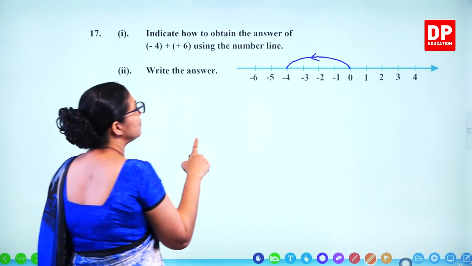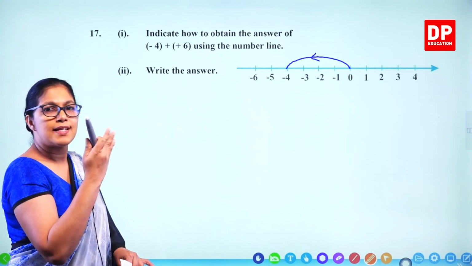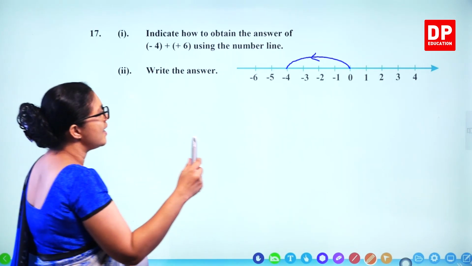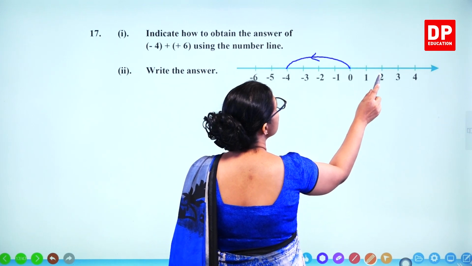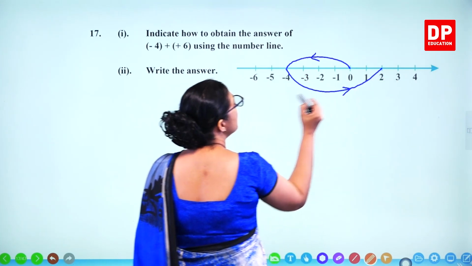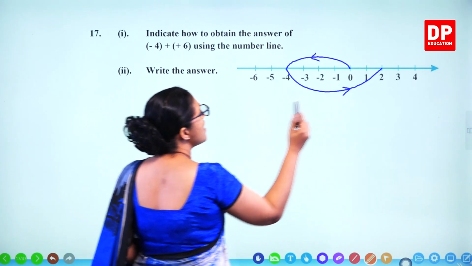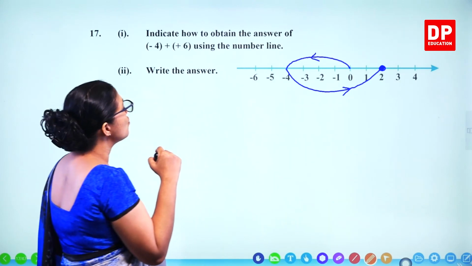That's -4. Then -4 plus 6. Plus means towards the right side. 6 squares to the right. 1, 2, 3, 4, 5, 6. So 6 units to the right is this way. So what's the answer? You will get the answer 2.